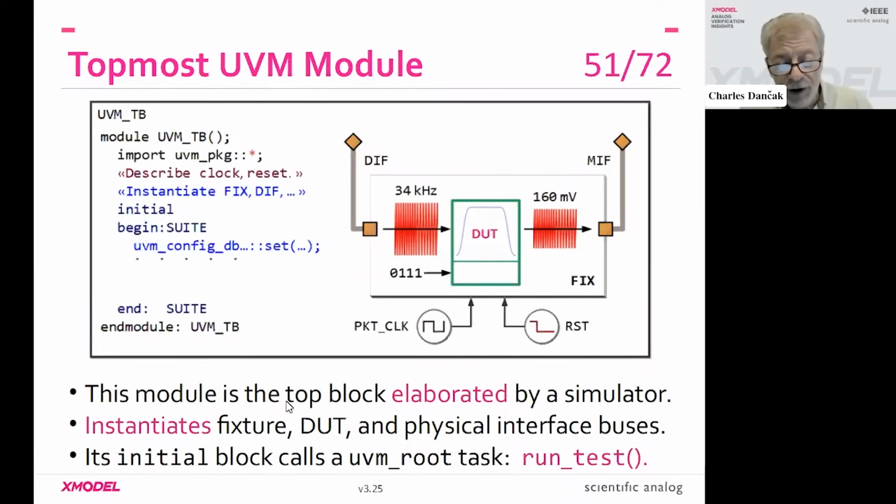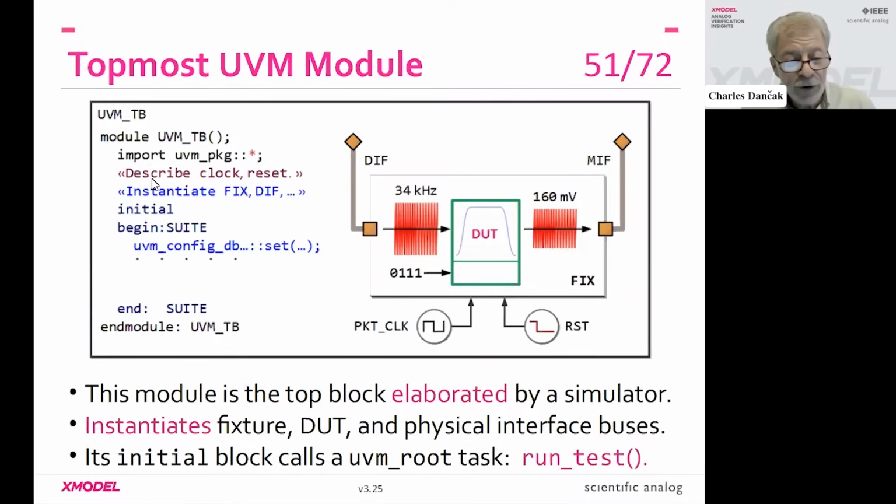This is actually the top module elaborated by the VCS or Xcelium or ModelSim logic simulator that you use. If you just write a bunch of class code, a simulator can't really get a handle on that. We have to elaborate a top-level module.